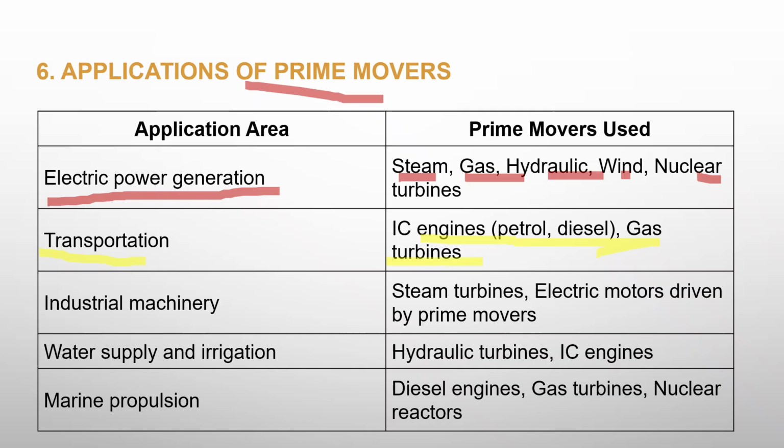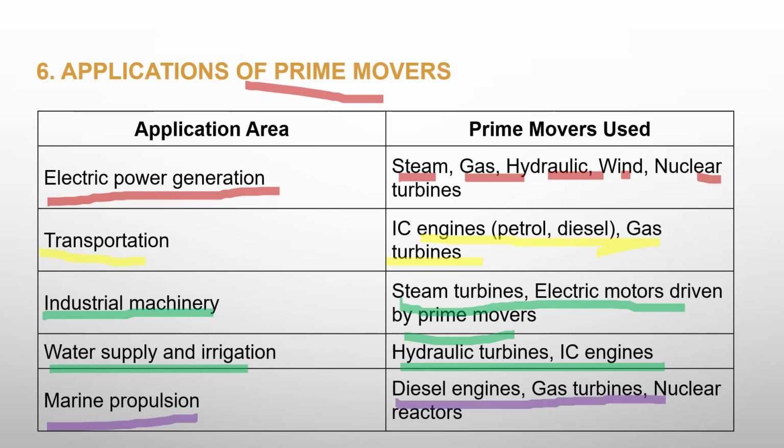If we want to operate industrial machinery, either we go for electrical energy or mechanical energy, that is, the steam turbine or electric motor driven prime movers. For water supply and irrigation, we go for a hydraulic turbine or an IC engine. And lastly, for marine propulsion, we go for a diesel engine, a gas engine, or a nuclear reactor.